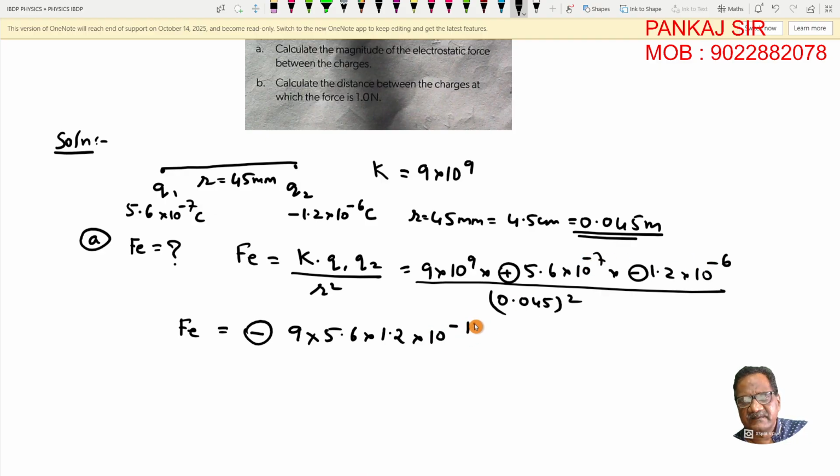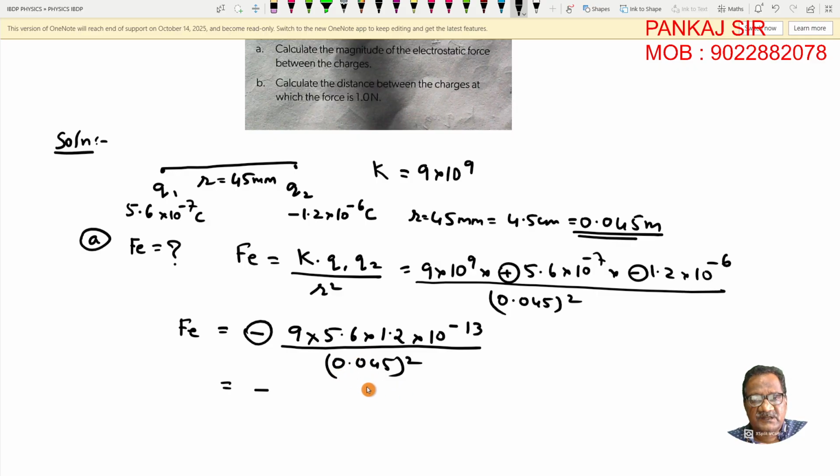Am I right? Whole thing divided by 0.045 the whole square.